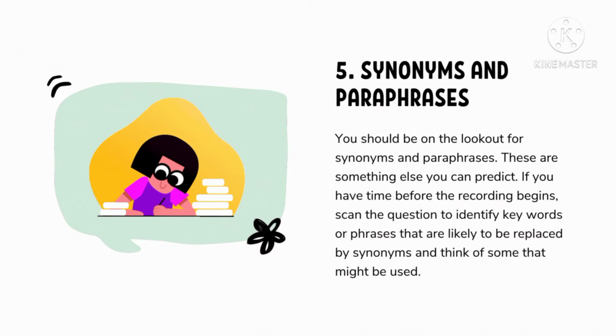For example, the word bags could be used instead of containers. As you listen to the recording, remember that you are not only looking for the exact words used in the question, but also words and phrases that have the same meaning.